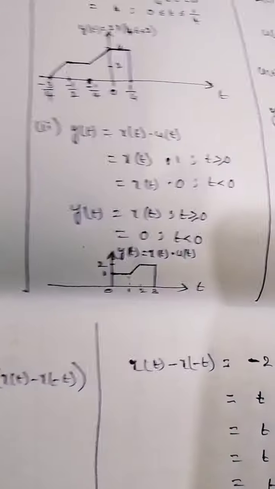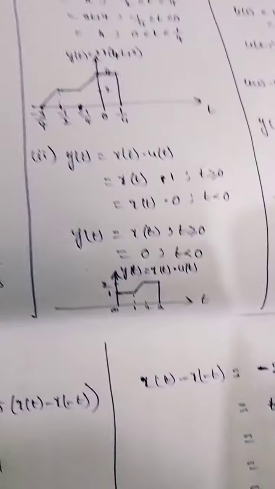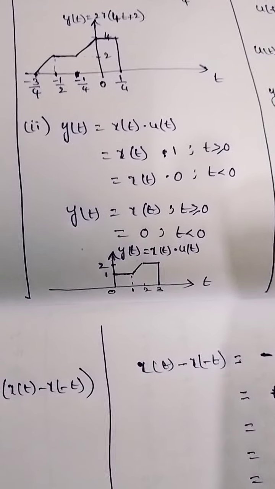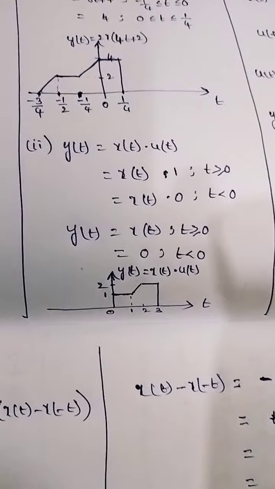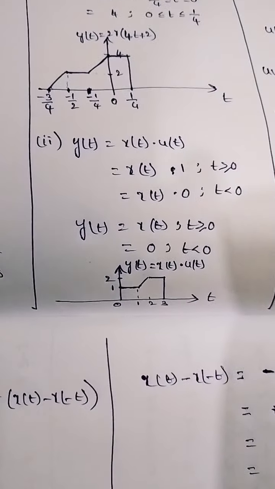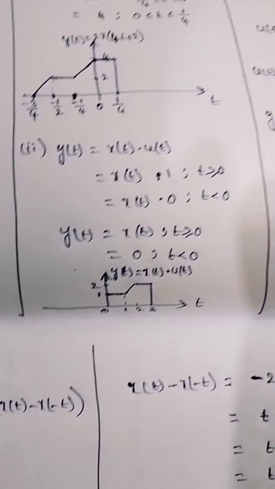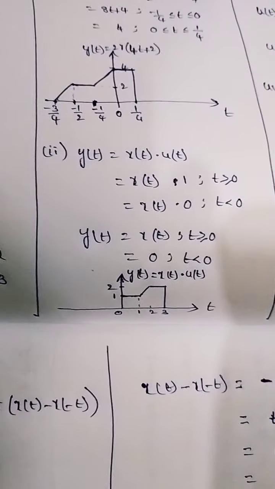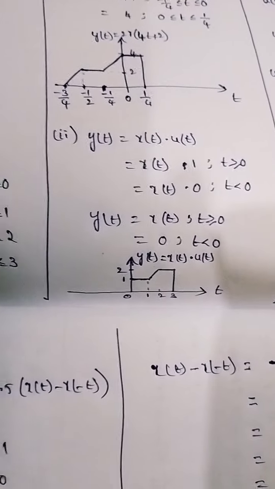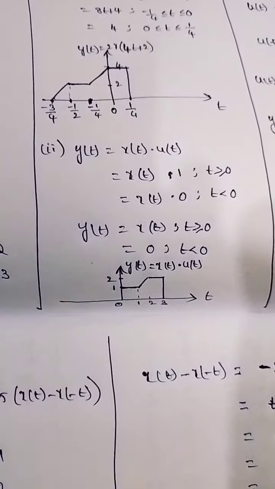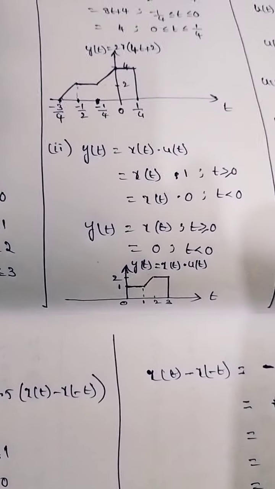Now coming to x of t into u of t. You know that u of t is 1 for t greater than or equal to 0, and 0 for t less than 0. Therefore, y of t is equal to x of t into 1 for t greater than or equal to 0, and x of t into 0 for t less than 0. Therefore, y of t is equal to x of t for t greater than or equal to 0, and 0 for t less than 0.